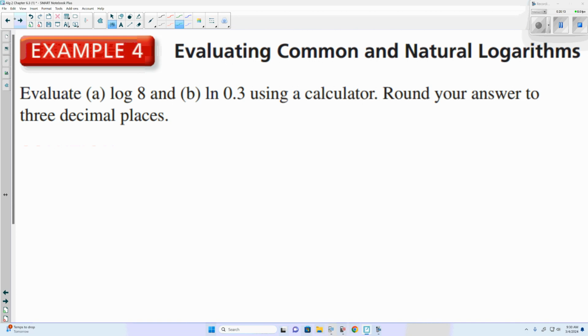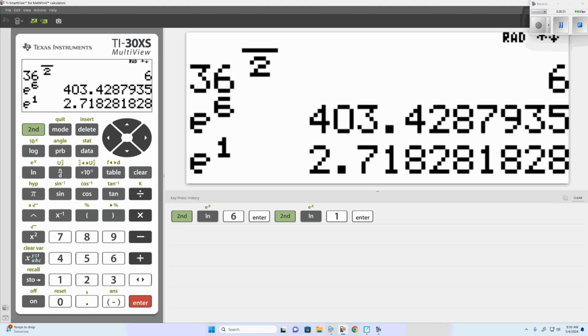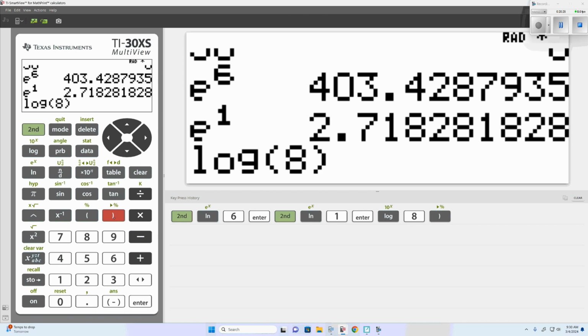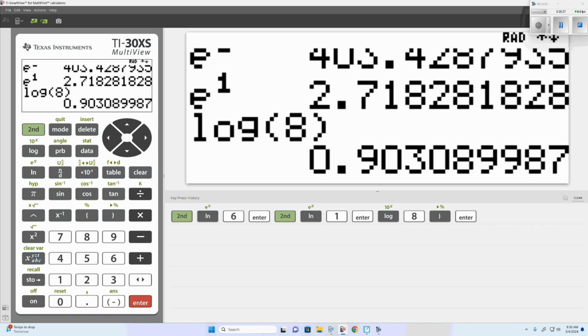Now, log of 8 is a common log because the base is understood to be 10. Since the base is not given, I could say log of 8. Type it into the calculator, and we get 0.903089. We're going to go 4 decimal places, so 0.9031.